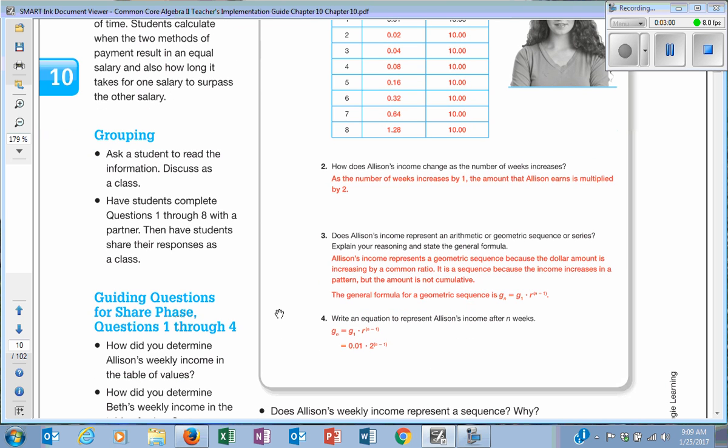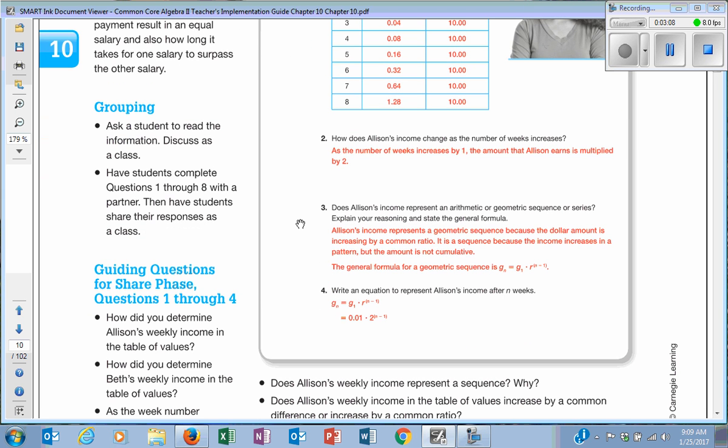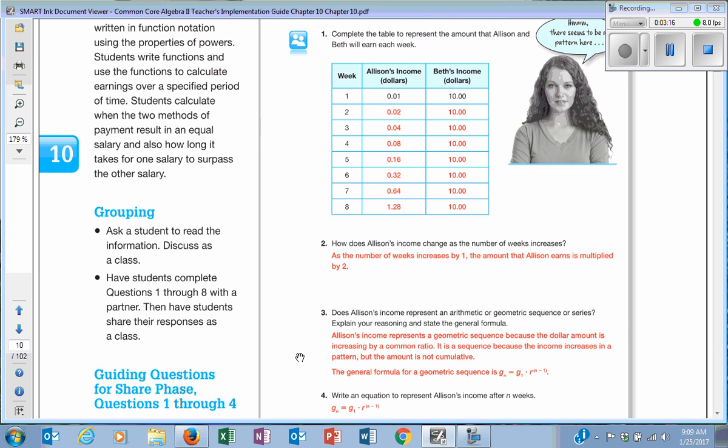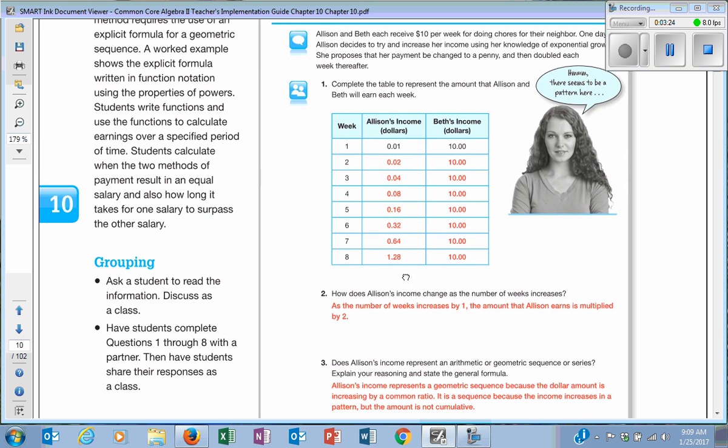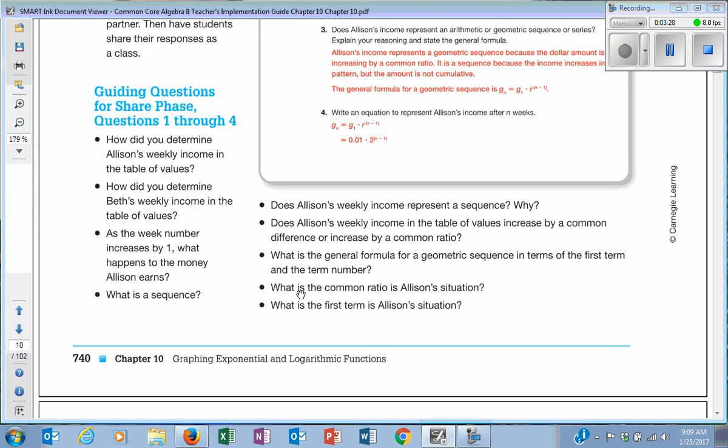So 2 is our r that we're looking for. g1 is the first number in our sequence. And remember, it was to the n minus 1 power, because for the 8th term, it's 7 twos that it's multiplied by, because the first one is just the initial and doesn't get any. So you got 1, 2, 3, 4, 5, 6, 7 times that you've multiplied by 2 to get to this number down here. So that's our exponential.